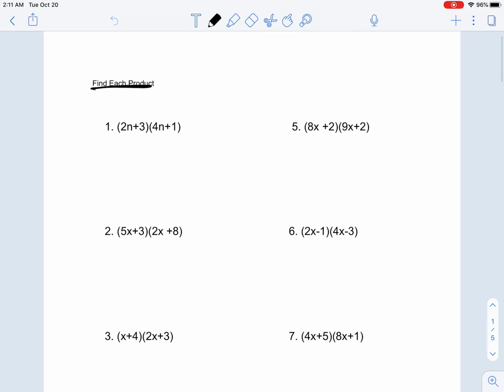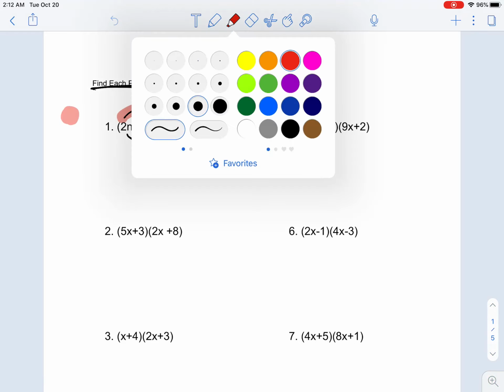So, for this expression, what we're going to do is start out with our FOIL method so that we can actually figure out what this answer is. You multiply your first, you multiply your outer, you multiply your inner, and you multiply the last. If we color code it, it'd be like this.